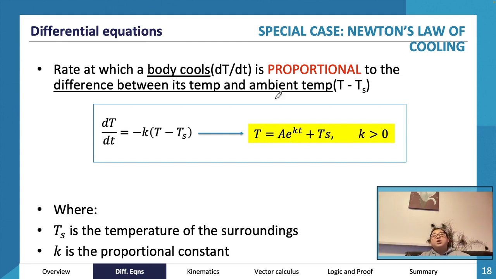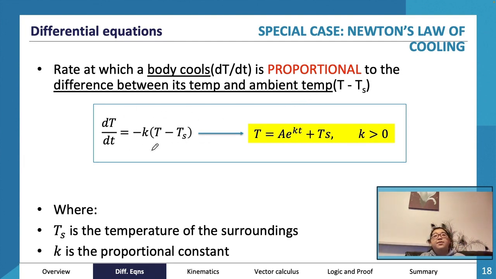So this is essentially Newton's law of cooling, and it's based on the fact that if you put something warmer in a cooler environment, heat will be lost to the environment, and eventually the thing in the cup will cool down as well.